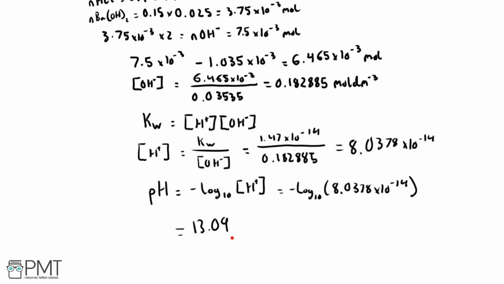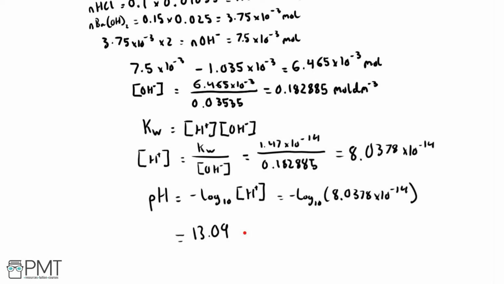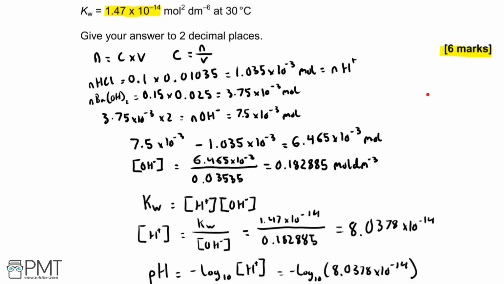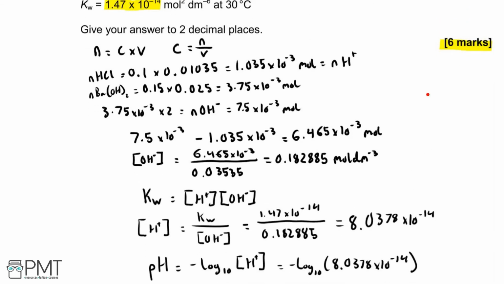That's what the question requests, that we state the answer to. So that answer there is our 6th mark, but the remaining 5 will come from the working. So the first of these working marks would have been here for calculating the moles of our reagents. The second comes from calculating the moles of our hydroxide ions. The third then comes from calculating the moles remaining after reaction.